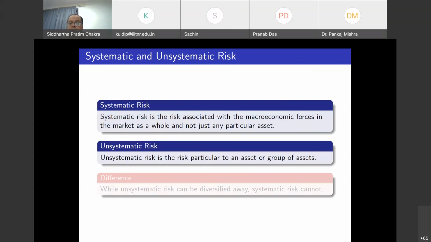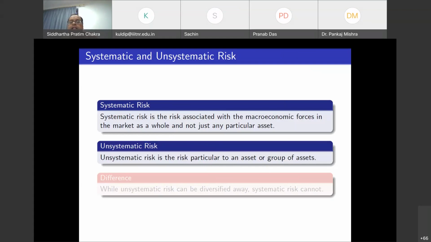But suppose it is something like the airline industry. Once something like COVID happens, obviously the airline industry is going to be hit much more than, say, the healthcare industry. So that is something localized to certain specific sectors.